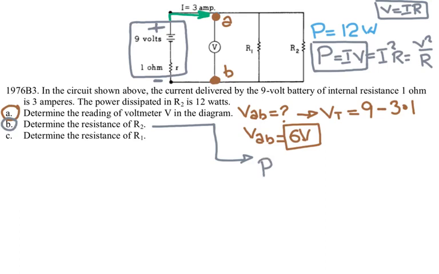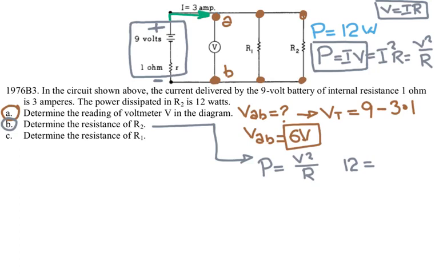So the power is equal to V squared over R, and the power is 12. V between A and B, because they're all parallel, they have the same voltage. The voltage between this point and this point is the same because it's the same point A on the top and the same point B on the bottom.